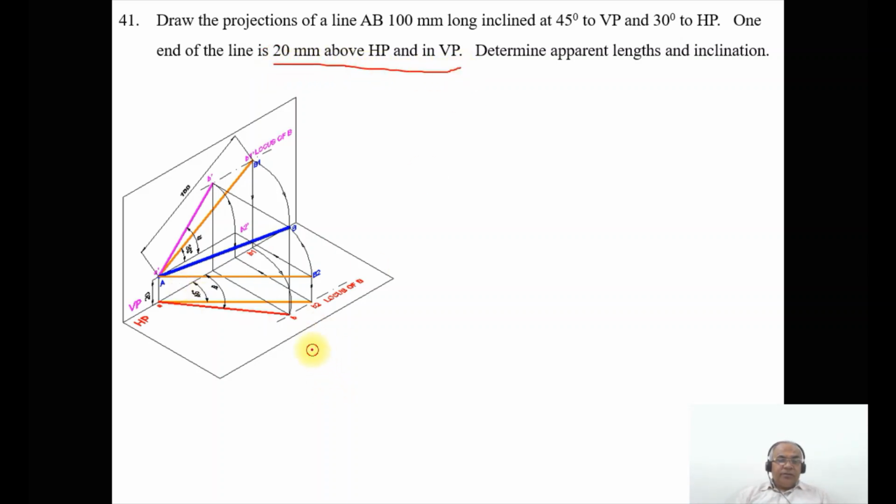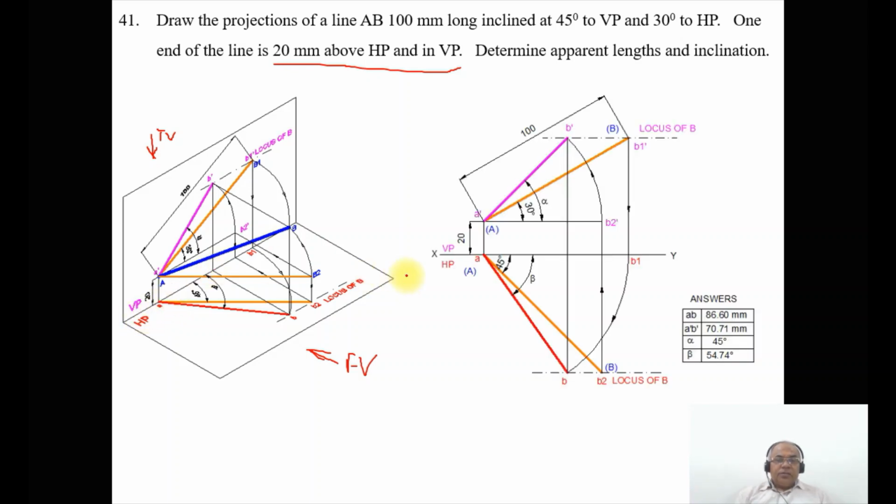When you look from the front view, one end of the line is above HP, 20 mm. And when you look from the top view, it is on VP. That is the reason why the top view point A is on the XY line.